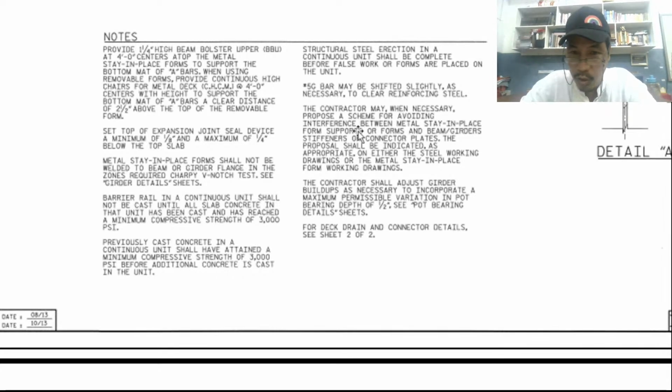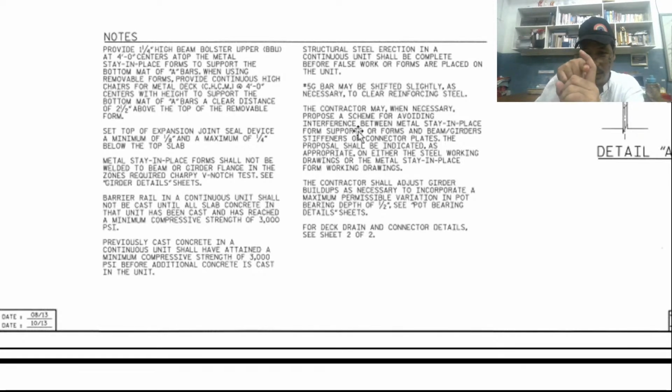Do you know what we mean by shifted slightly? Some of the reinforcing steel bars will pass through but actually cannot pass through because a number 5 gauge bar is obstructing the reinforcing steel bars, so it may be shifted slightly like this.